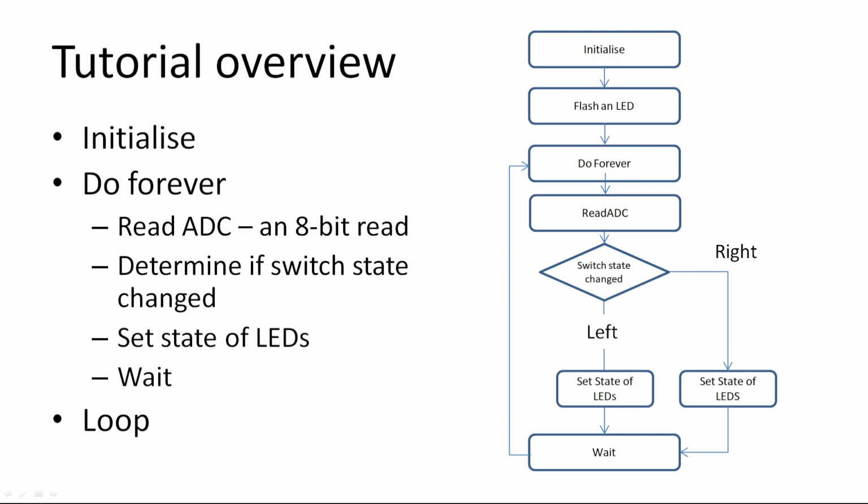It's going to determine the state of the switch, change the states of the LED and wait. There's a flow diagram that says: read the ADC, has the switch state changed, then make them flash left or right, then do a wait, and then go back and do it again. It's a very simple program and quite easily implemented.